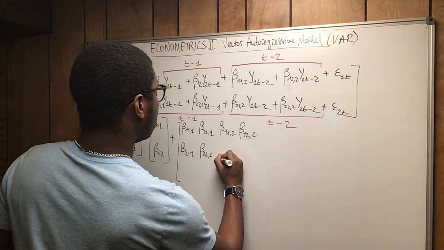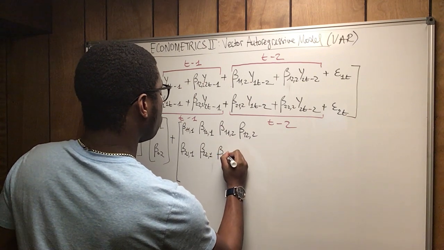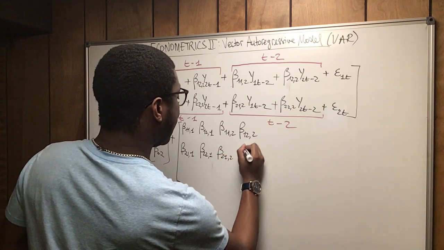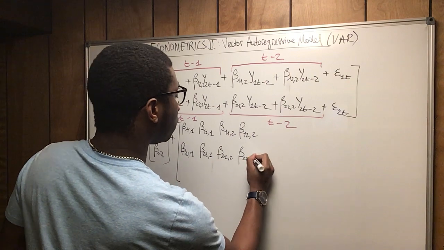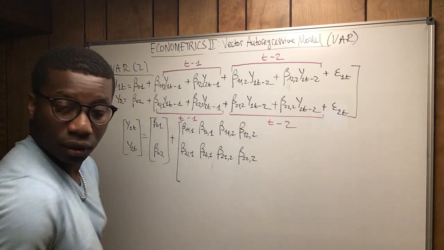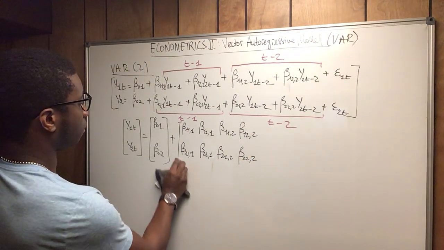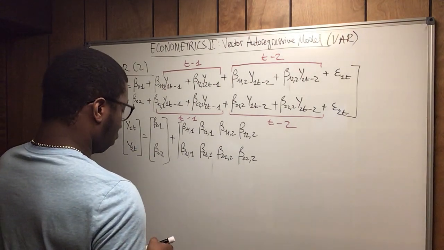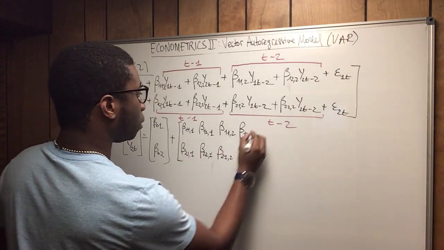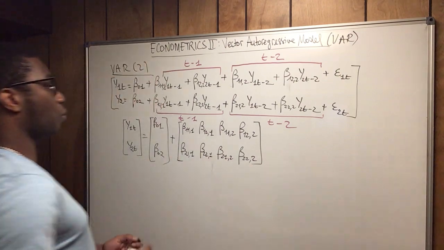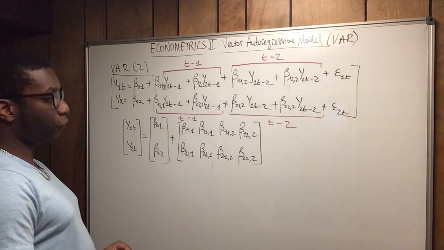Beta 21 comma 2 and beta 22 comma 2. Yes, I drew this row a little bit too far. All right, we grouped our coefficients together.